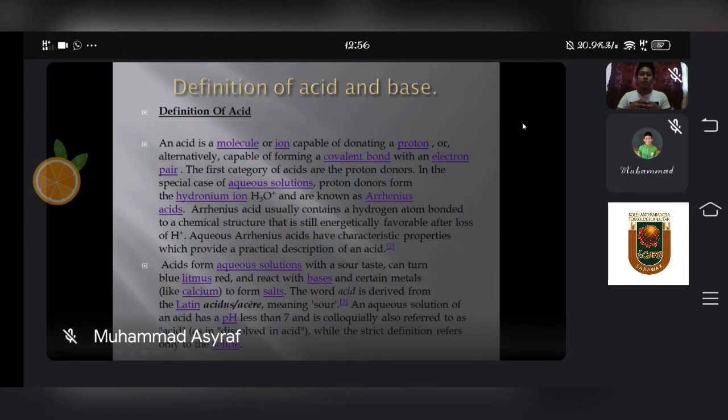Arrhenius acids usually contain a hydrogen atom bonded to a chemical structure that is still energetically favorable after loss of H+.